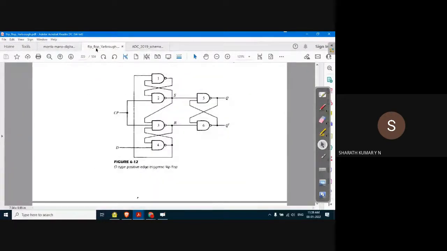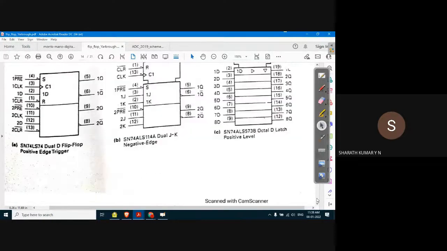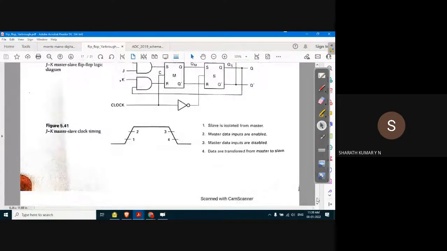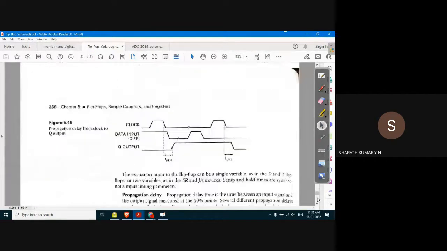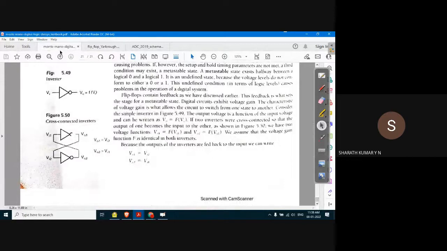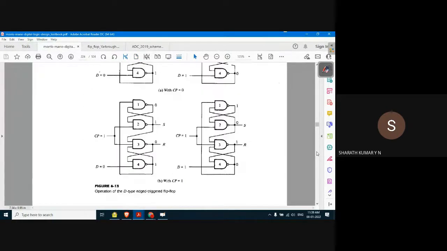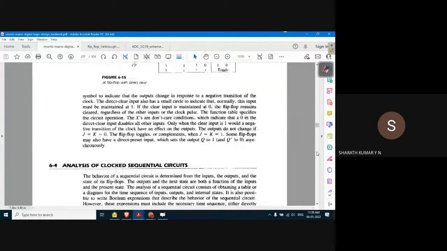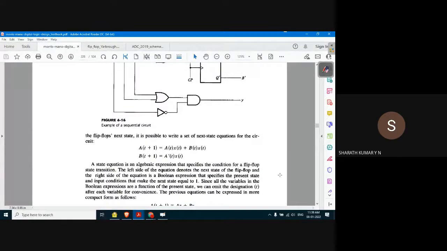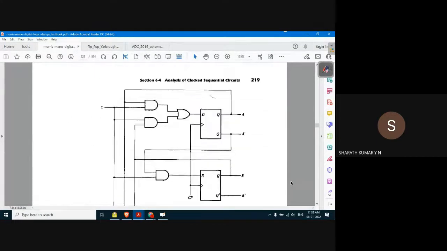I think it is given in this document. Master slave JK flip flop. Metastability, no, it is not here. Sequential circuits.